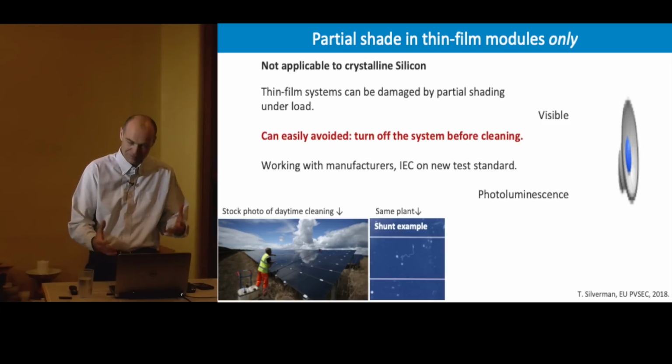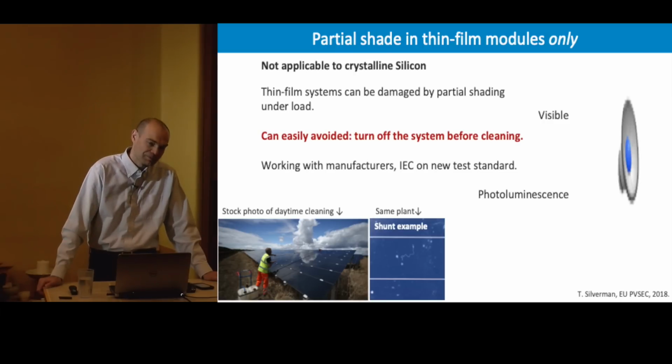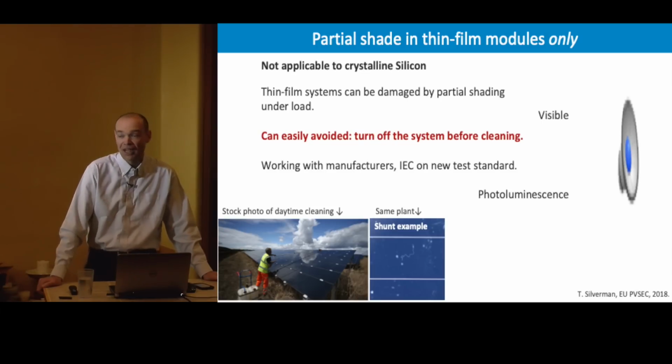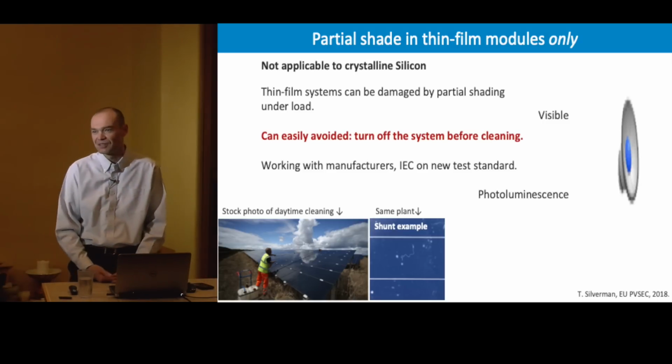But how much degradation resulted? We're talking 1 or 2%, or what? It's more. I have analyzed some of the data on some plants, and it looks like more, but I will leave it at that. Actually, when you look at the manufacturer, it says do not clean when it's on.